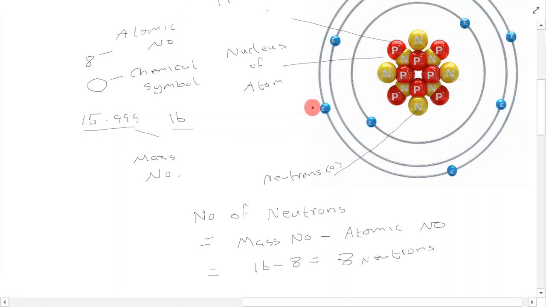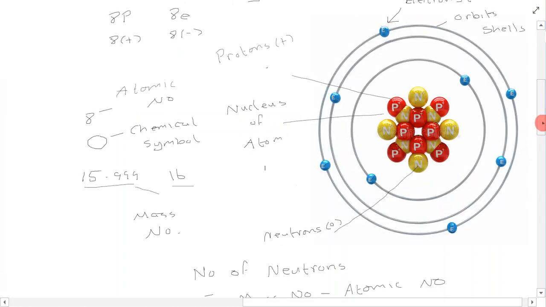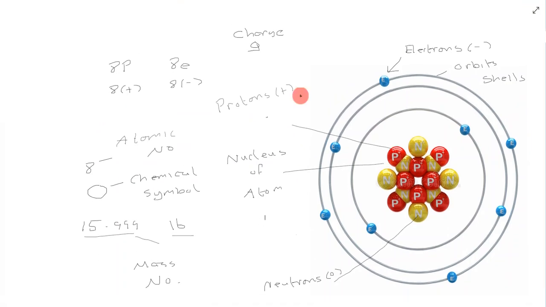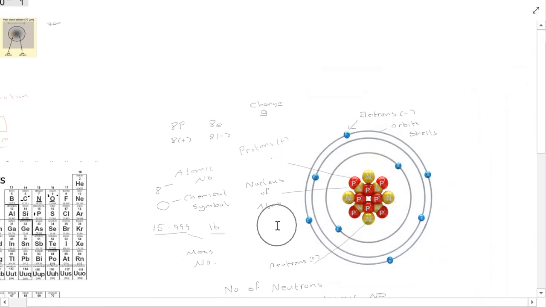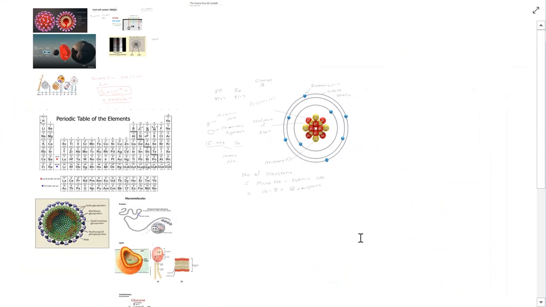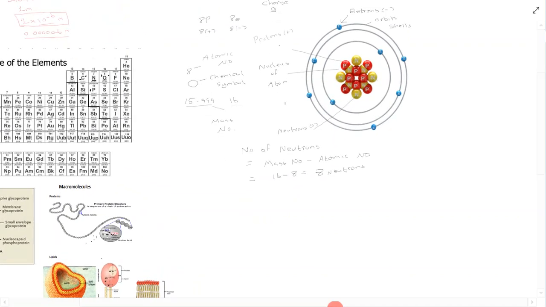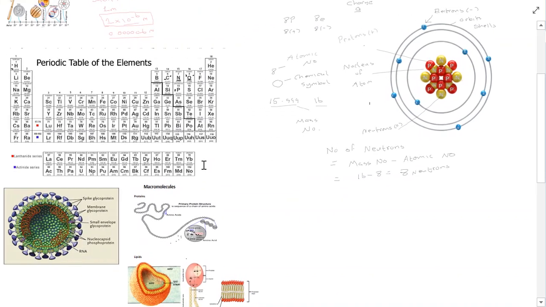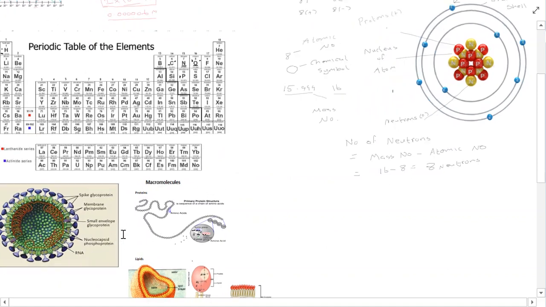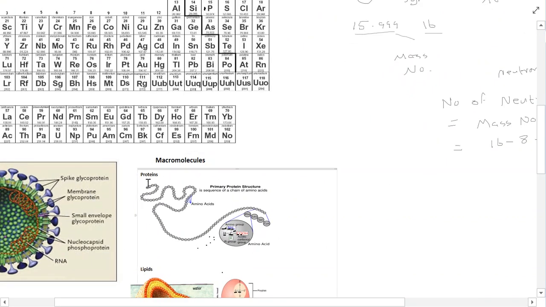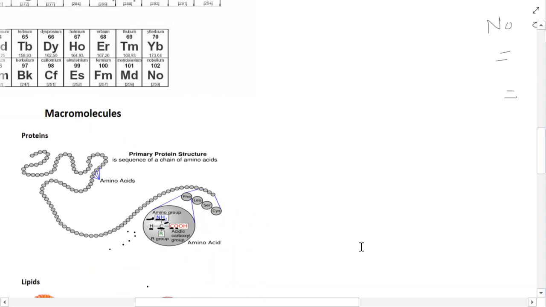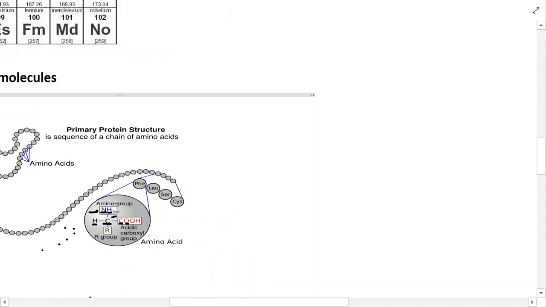So then, just to go over what we've talked about, if we look on the periodic table, we have, for example, the coronavirus. The coronavirus has macromolecules such as proteins. Proteins are made up of amino acids, and if we go right down and look at the structure of amino acids, they're made of atoms.